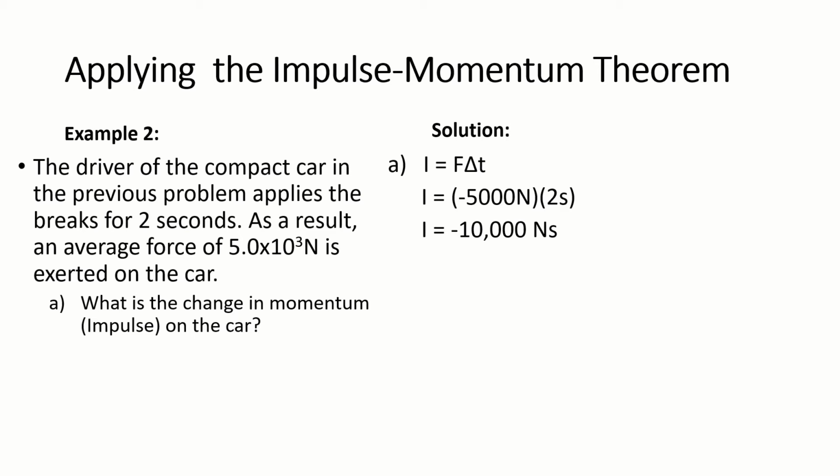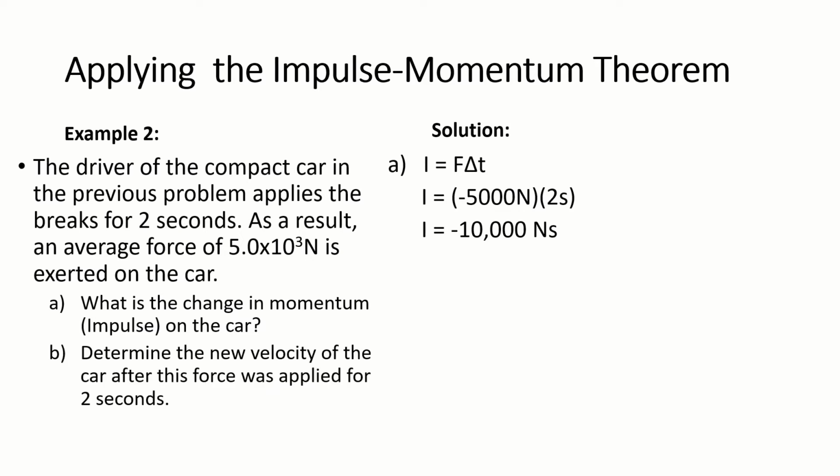Again, units of impulse: it's just a force multiplied by time. How much force and how long was it applied for? That negative 10,000 is responsible for the car slowing down, because that's what happens when you hit the brake, right? You have to apply that negative force for a certain amount of time. Determine the new velocity of the car after the brakes were applied for those 2 seconds.